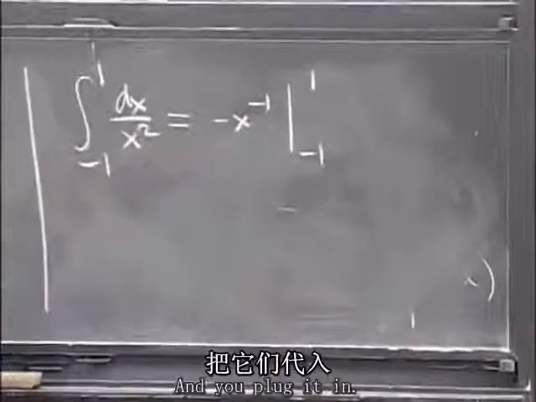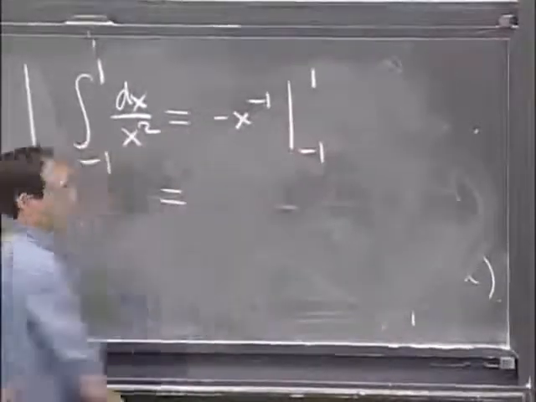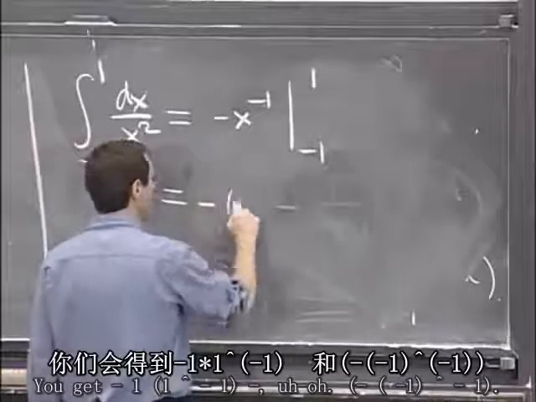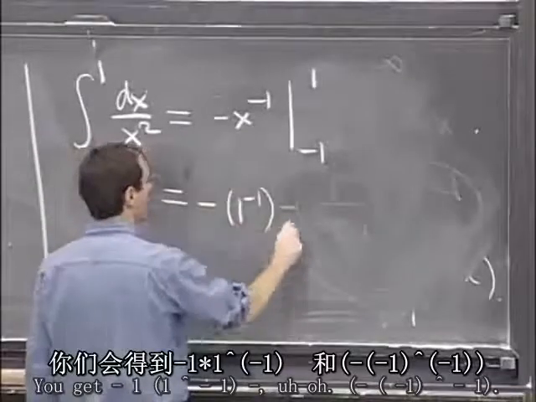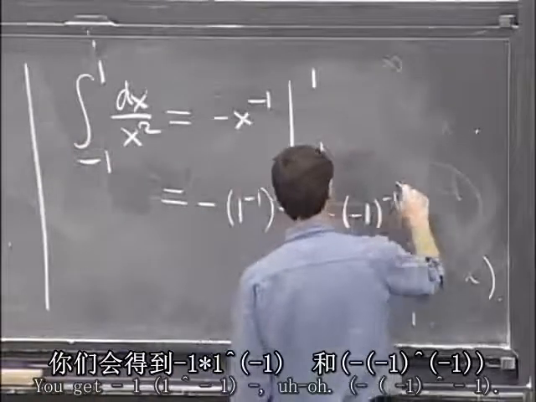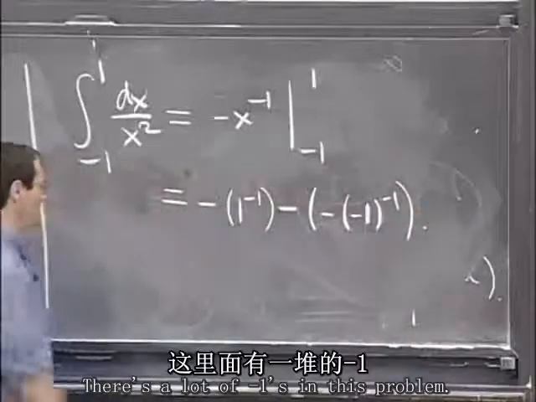And you plug it in, okay? And what do you get? You get -1 to the power -1, minus (-1) to the -1. There's a lot of -1s in this problem.